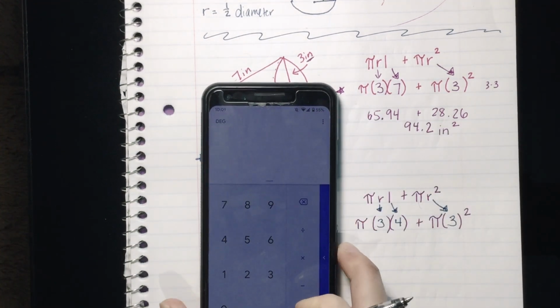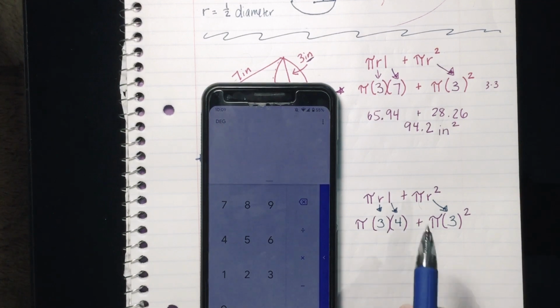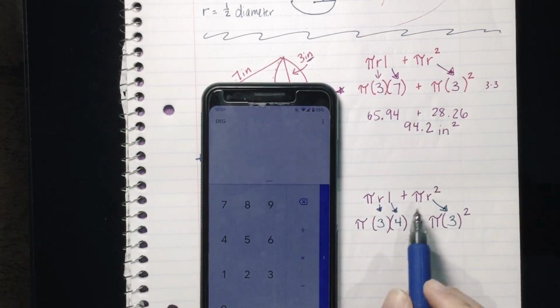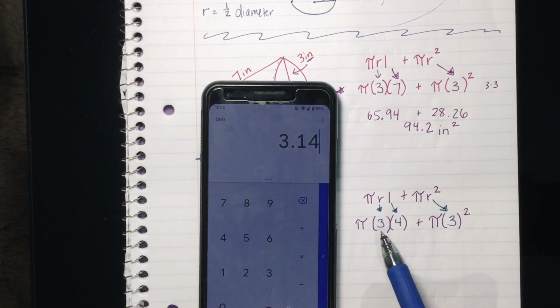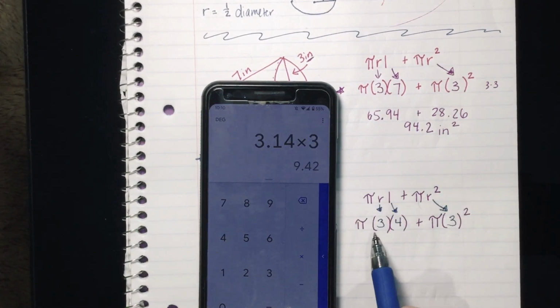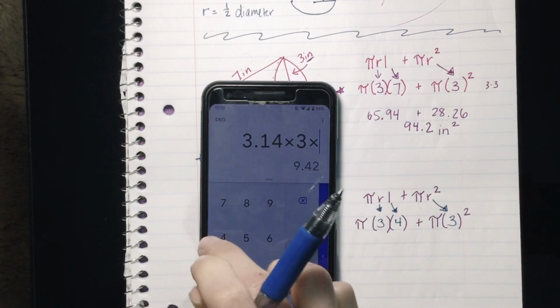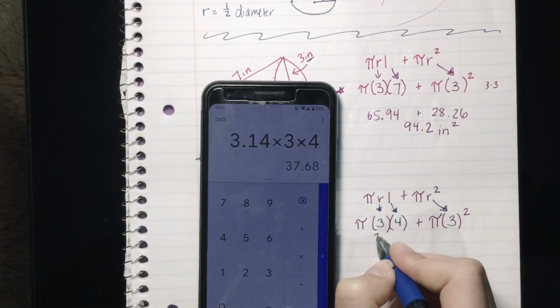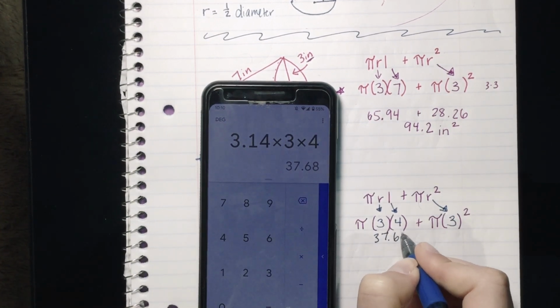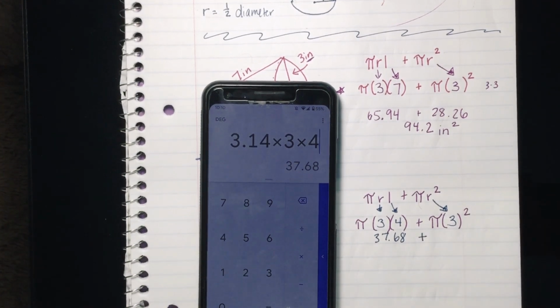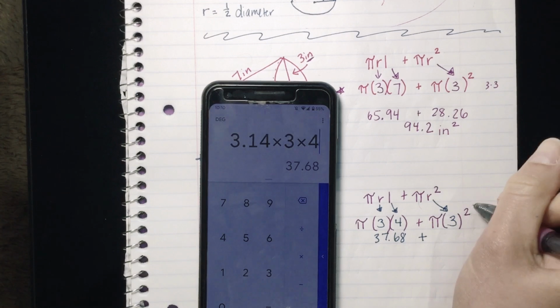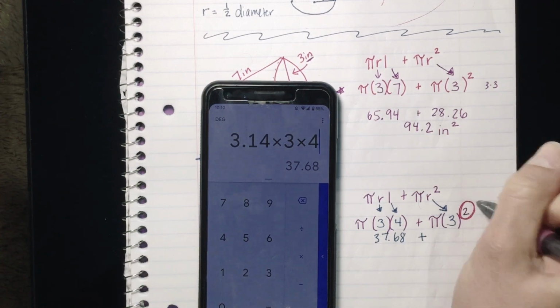Now we're going to go back to our handy dandy calculator, and we're going to start with the first portion, which is pi, which is 3.14, times 3, remember this is multiplication, times 4, which is 37.68.